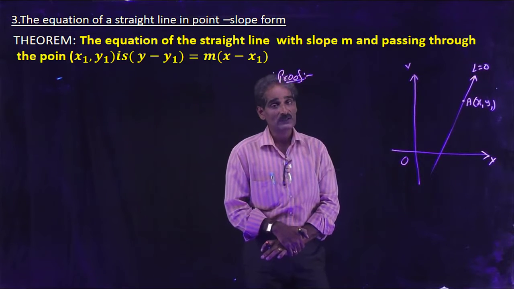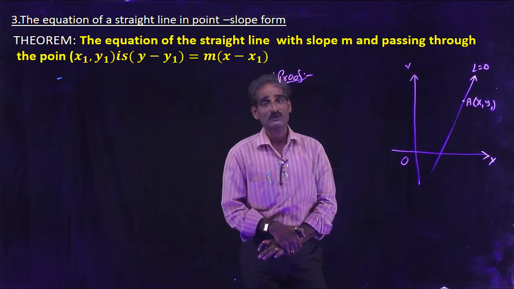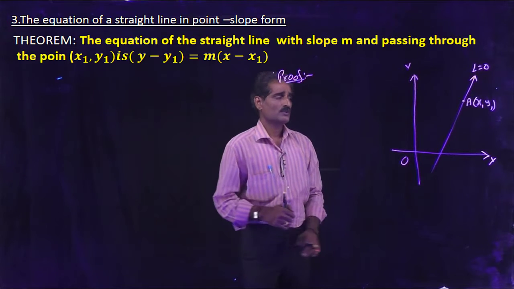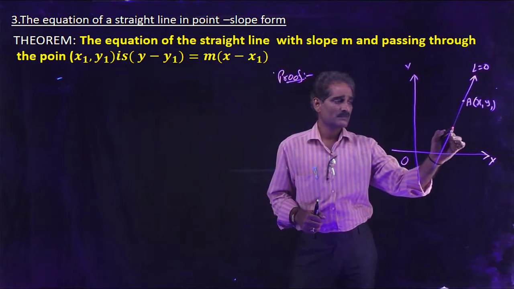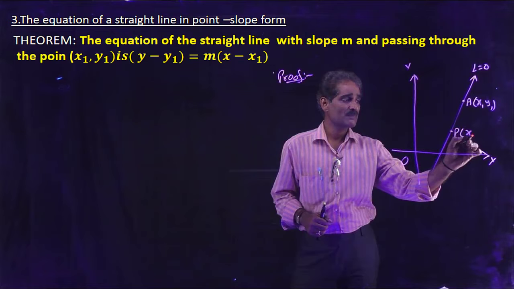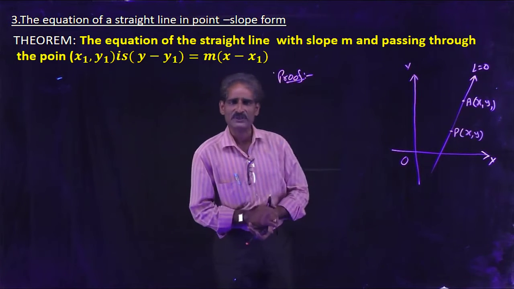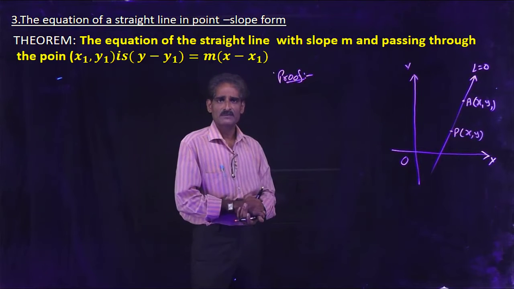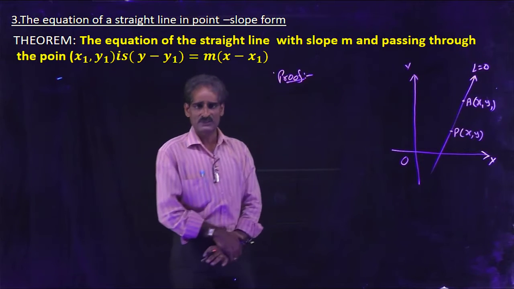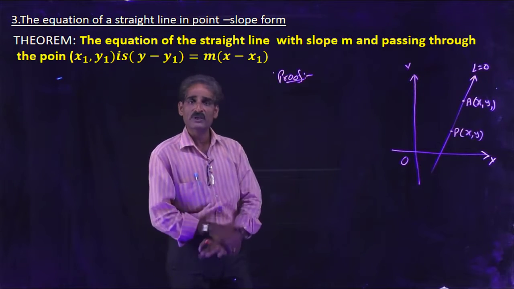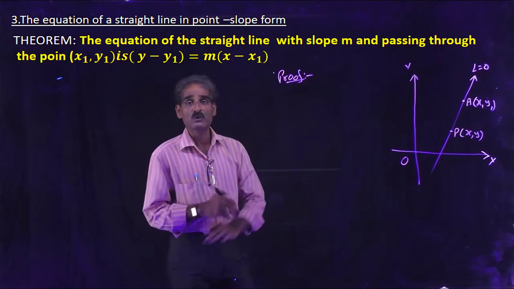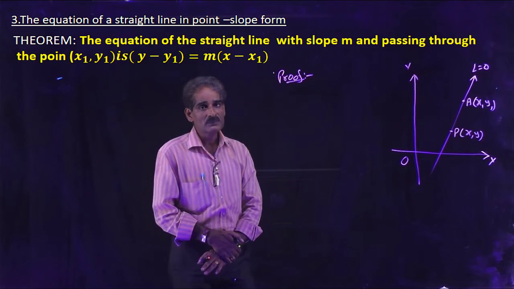So we know that if two points lie on the line, we can find the slope of the line. So let P(x, y) be any point on the line. P is a locus point, a general point on the line. Now observe that A and P lie on the line. With the help of these two, we can find the slope. Already the slope of the line is given as m.